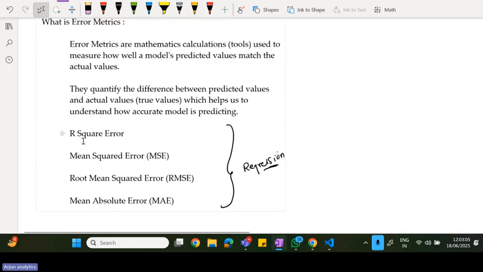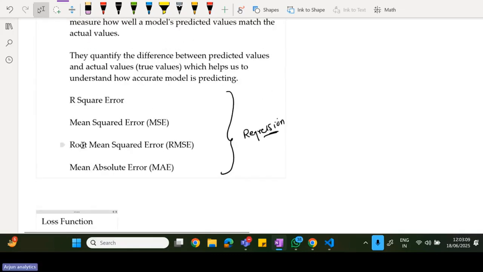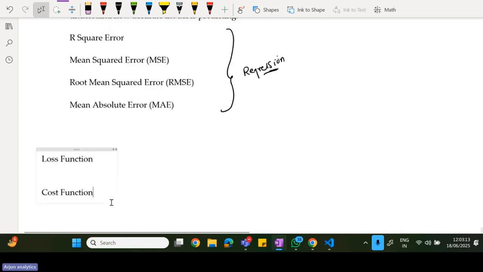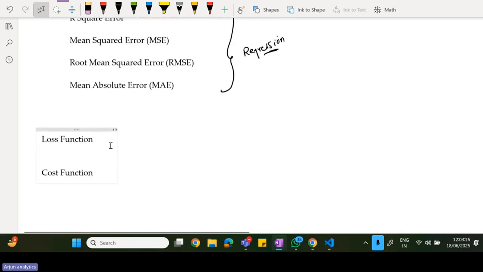When you want to define a loss function, it is a mechanism through which we identify the error in one data point, the error between the actual value and the predicted value. This is called your loss function.